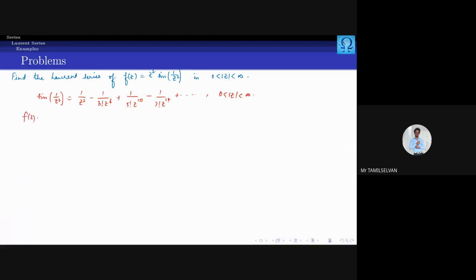Now f of z is z squared multiplied with this quantity.